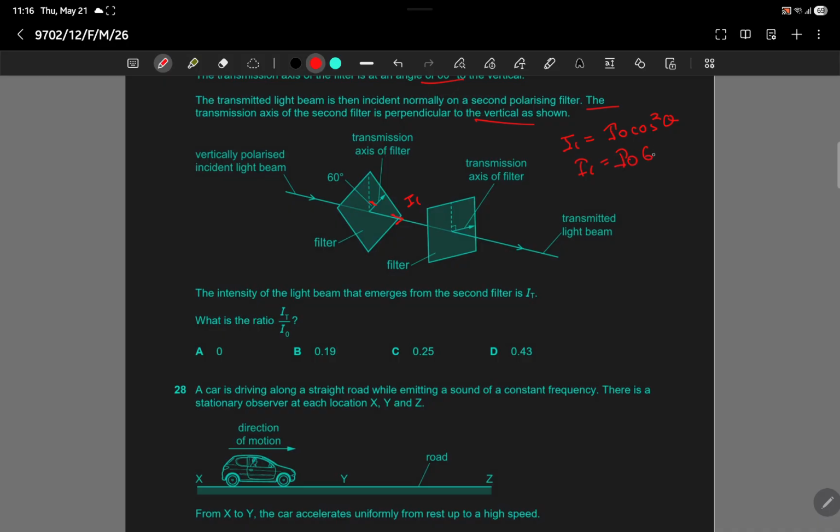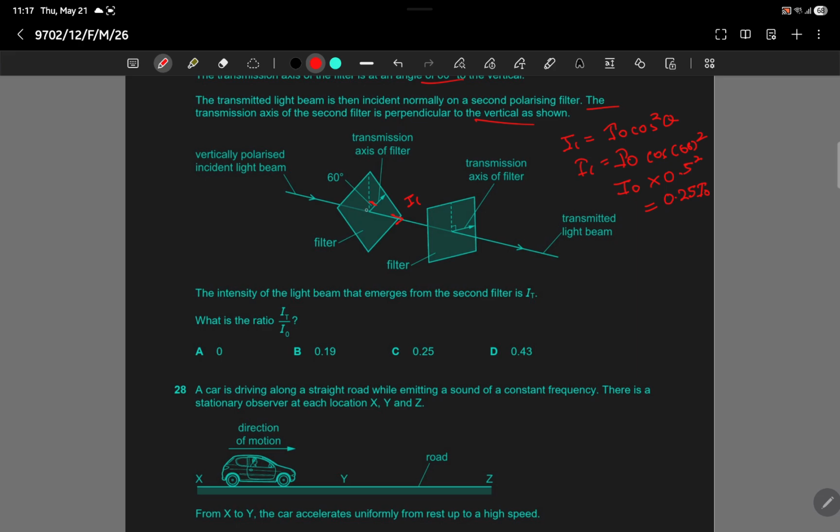So I naught cos 60 squared, which is I naught into 0.5 squared, so 0.25 I naught. Now what about number 2?